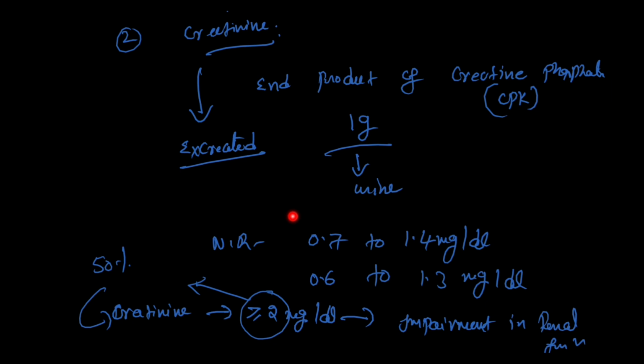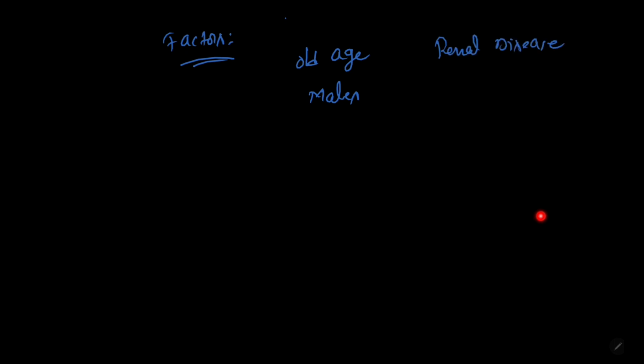Now we'll see the factors that cause elevation in the serum creatinine concentration. One is old age. Then it will be higher in males compared to females because of more muscle mass. As I told, in all renal diseases like glomerulonephritis, renal failure, pyelonephritis, serum creatinine level will be increased.